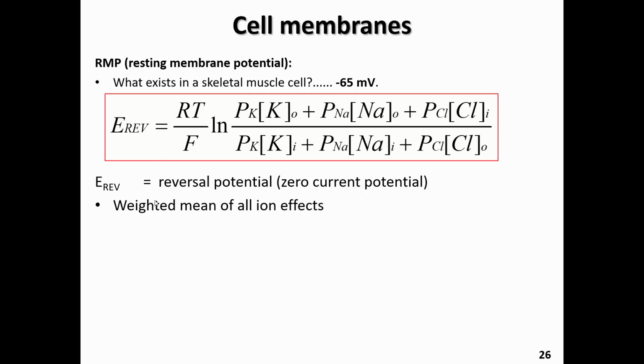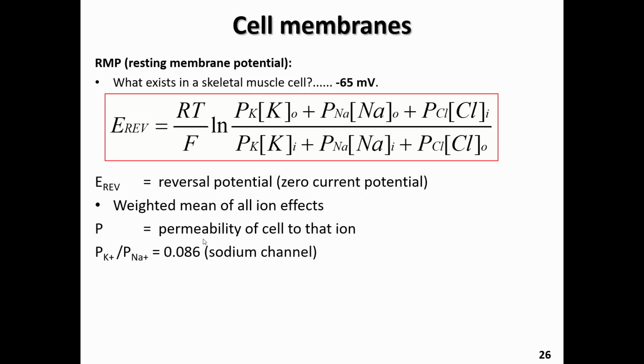And this value is essentially the weighted average, or the weighted mean, of all ion effects, where P once again refers to the permeability of the cell to that ion, which is multiplied by the concentration outside the cell, in this case of potassium, and then that's added to the product of the permeability of sodium for that particular cell times its exterior concentration, so on and so forth.